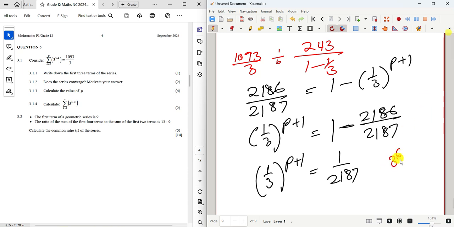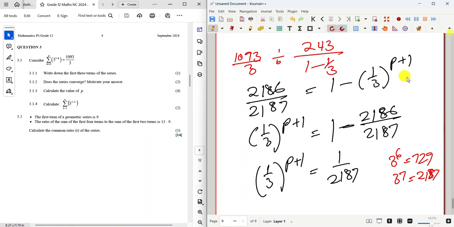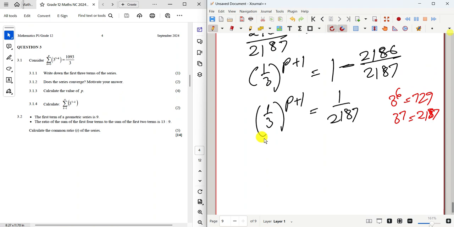What is 3 to the 6? It is 729. What is 3 to the 7? 3 to the 7 is 2187. So what's giving this away is that I see here it's a 3, so this will be a power of 3. Going back, this looks like 3 to the minus 1.